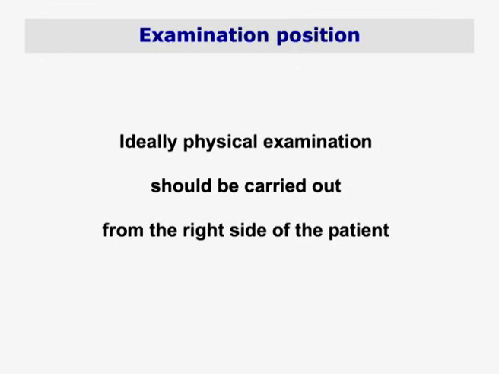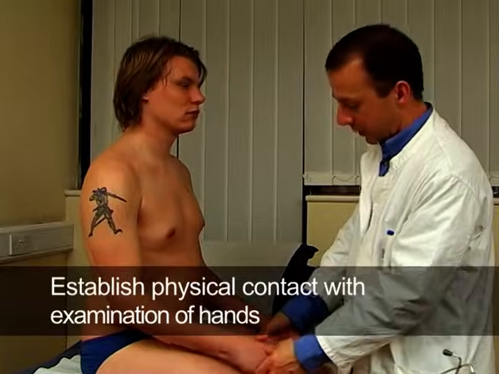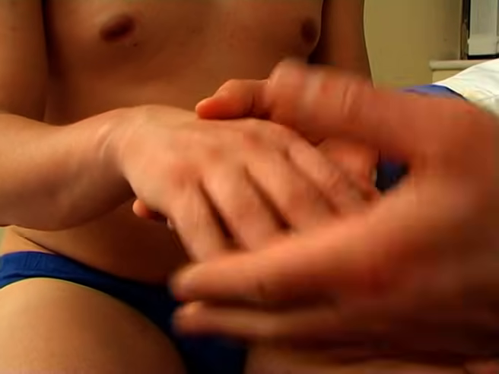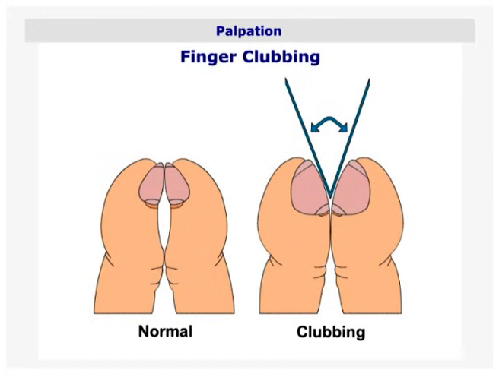With the patient now sitting on the examination couch, examine the key surface features associated with the respiratory system. It is advisable that you carry out the following parts of the physical examination from the right side of the patient. It is best that you establish physical contact with the patient by first examining their hands. Check for finger clubbing deformities of the nails.